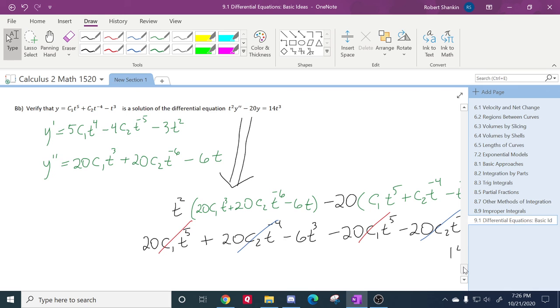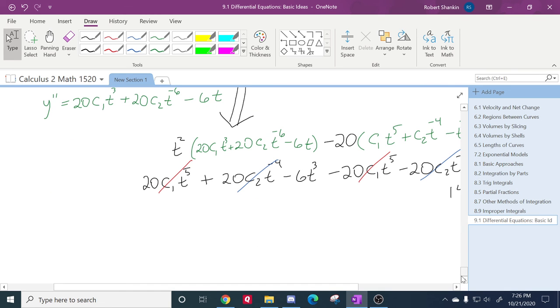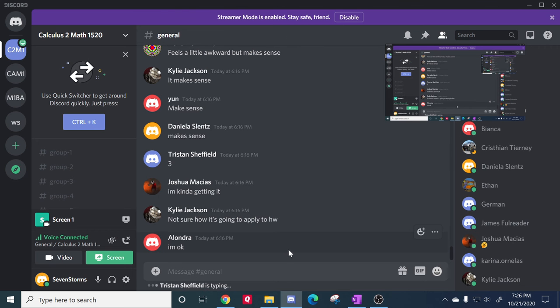So anything in 9.1 that needs clearing up first? Okay, let's go to any other questions. Any previous homework problems? Anything else?